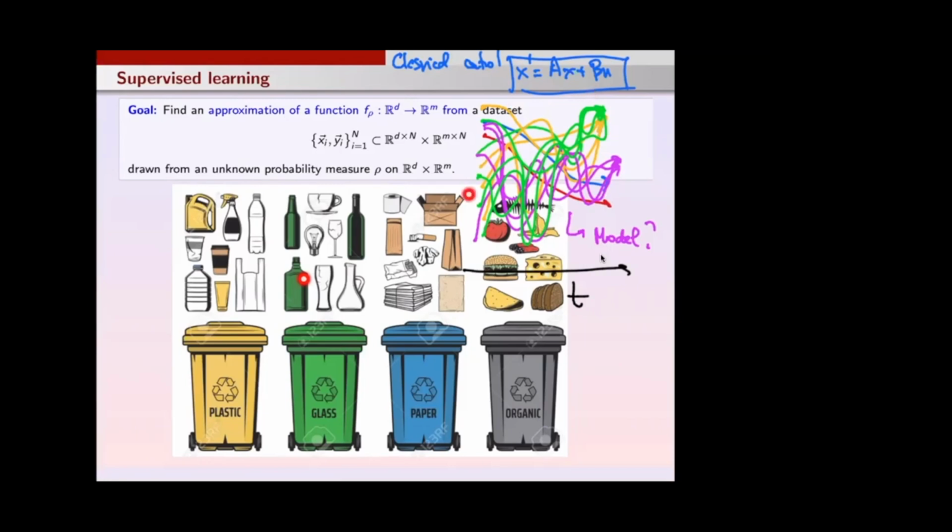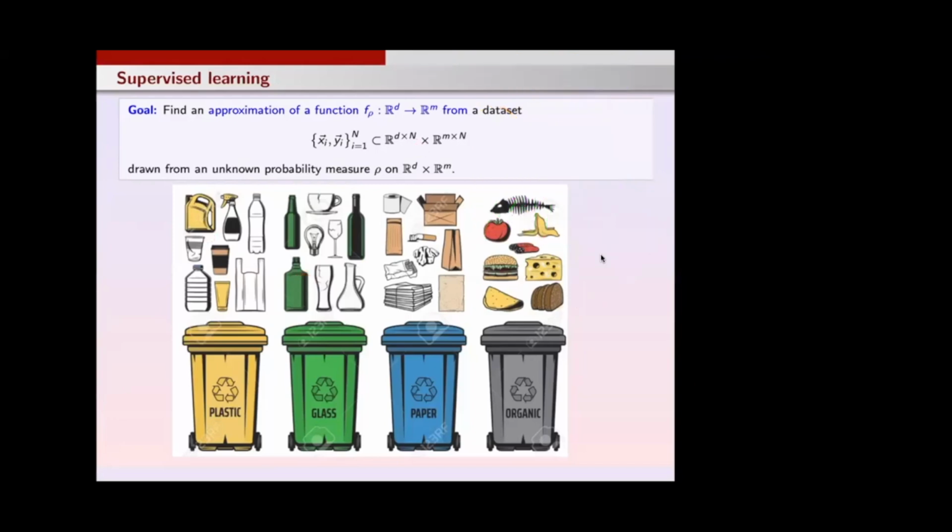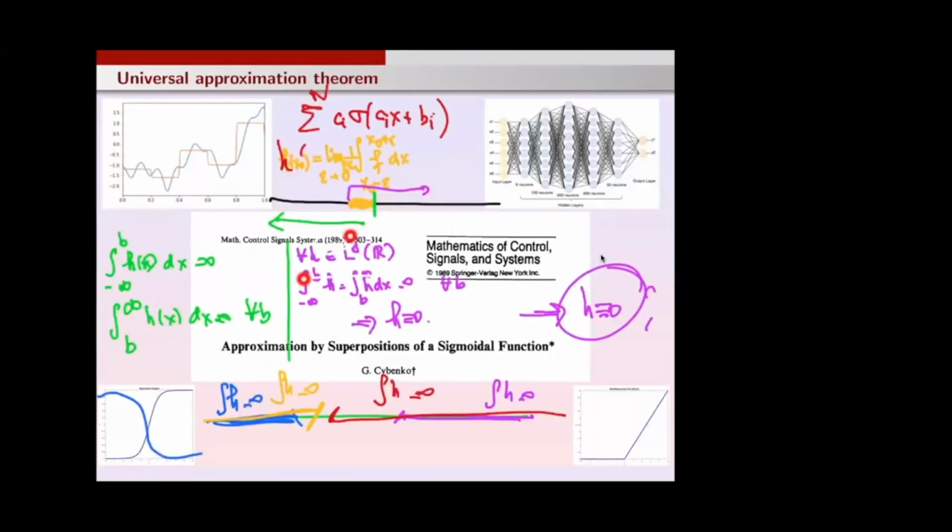And the new systems are dynamical systems that are able to build nonlinear dynamics, allocating every item to the corresponding destination. And the fundamental mathematical tool that justifies this is the universal approximation theorem. Now, in practice, having a universal approximation theorem is very useful.